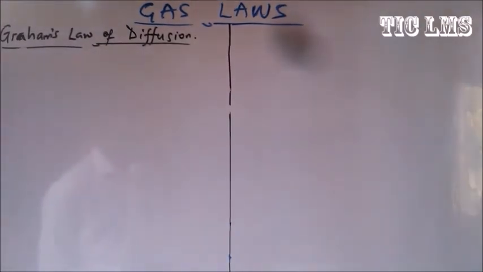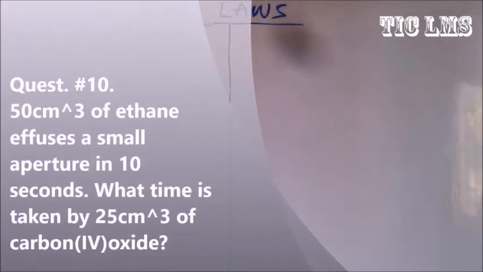We have the next question here, which says 50 cm cube of ethane effuses through a small aperture in 10 seconds. What time is taken by 25 cm cube of carbon 4 oxide? We have to calculate the time taken.